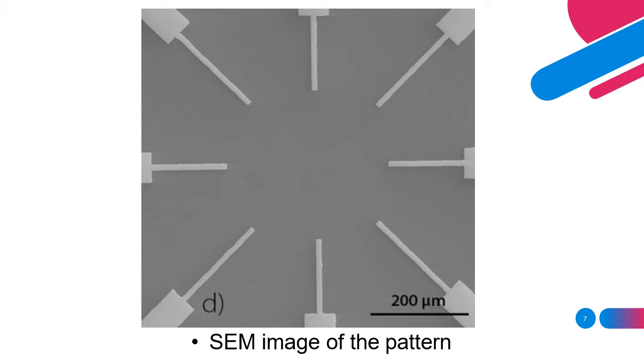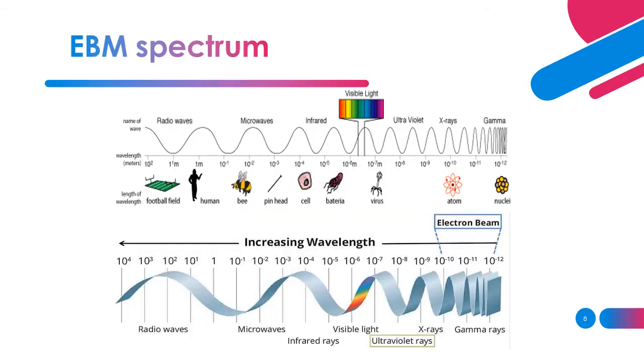So that's the advantage of the EBL. Now let's see the spectrum of the electron beam. If we already saw the previous ones on UV and X-ray, the electron beam wavelength is shorter compared to the X-ray.